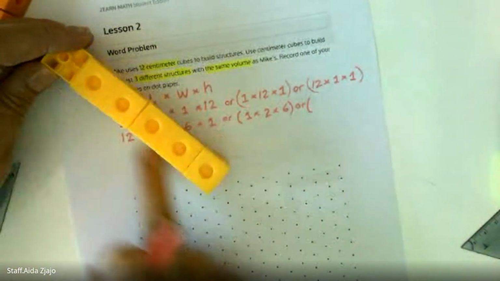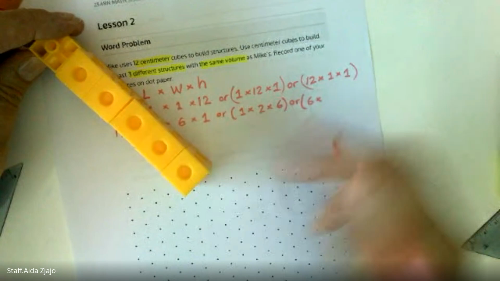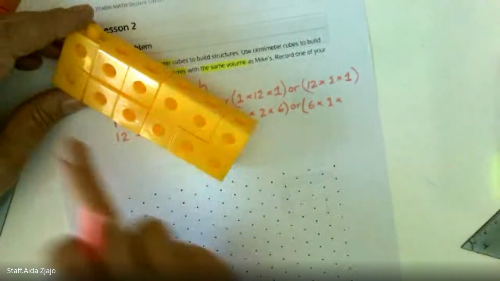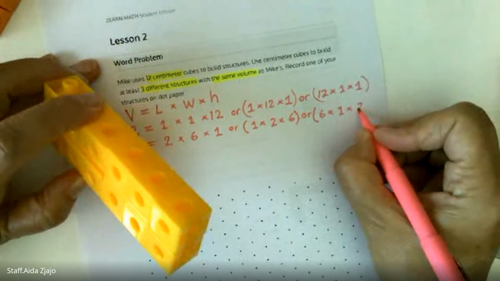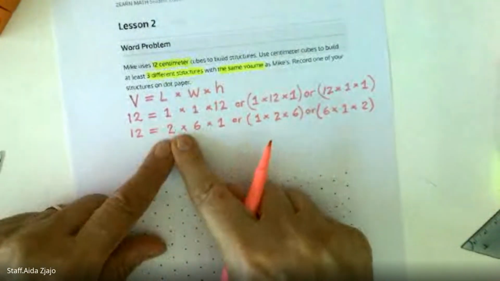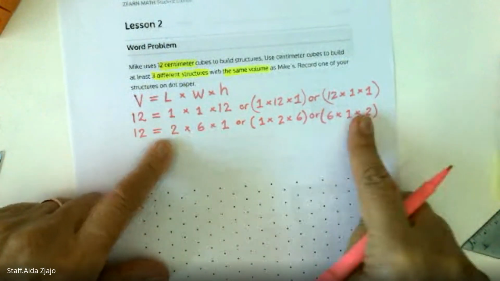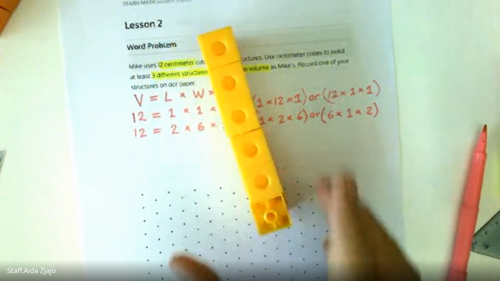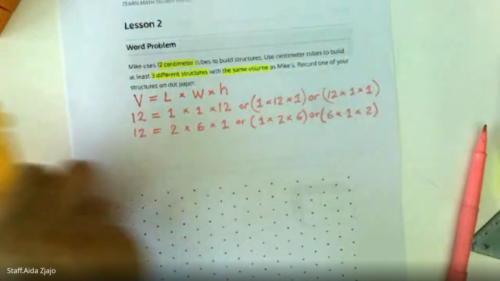The length is 6, the width is 1, and the height is 2. So this way 6 by 1 by 2. The numbers are the same: 2, 6, 1; 1, 2, 6; 6, 1, 2. So there are different possibilities depending on how you stand your figure. Is it lying flat, or on the side, or the way you can see. All right.